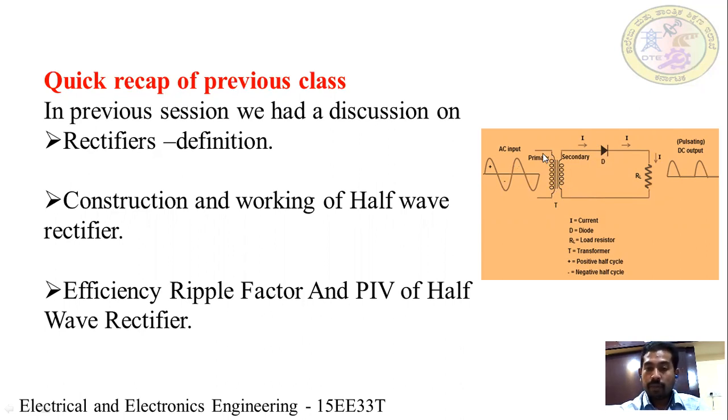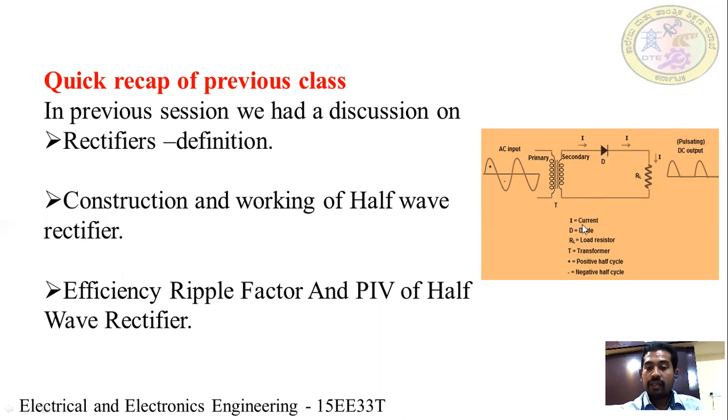It is given to the primary winding of a transformer. The secondary winding is connected to the diode rectifier, and load resistance is connected in series with the diode rectifier. Here we are giving input supply voltage and we are getting the output as pulsating DC output voltage.